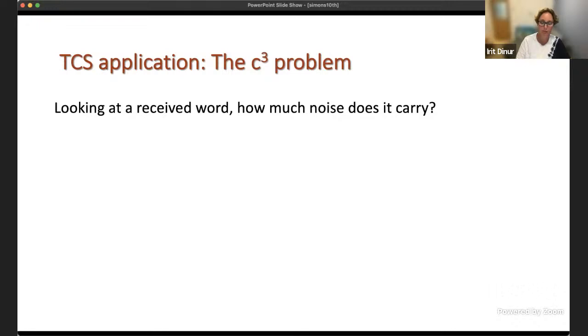Maybe it's not a codeword, and maybe some bits got flipped. Can I quickly check how much noise has occurred? This can be very useful because cleaning a word from noise might take some computational effort. And so if I make a fast check and I see that there are a lot of errors, I can just ask, say, for a retransmission.